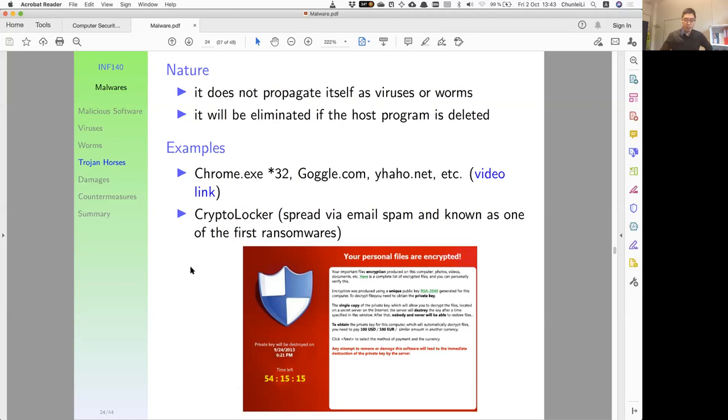And later on, around 2005, 2006, quite nasty malware came into play. That's the ransomware. And CryptLocker is one of the earliest known ransomwares.